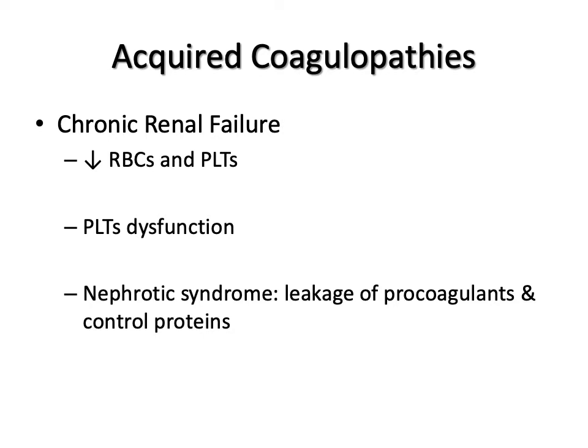Chronic renal failure results in decreased RBC and platelet production in the bone marrow, as well as platelet dysfunction due to coating by substances in the kidneys. With nephrotic syndrome, which results in increased glomerular permeability, procoagulants and control proteins are lost in the urine.